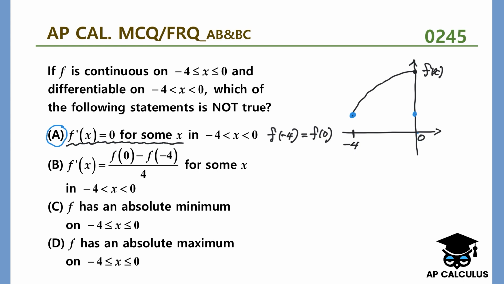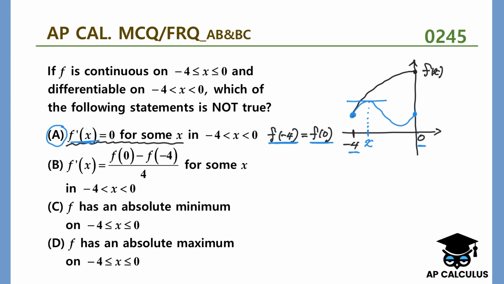Then, let's say we have this type of graph, increasing, decreasing, like that. Then we do have a tangent line that has a slope equal to 0, right? That x is going to be between negative 4 and 0, right? This is only true when the function values at the endpoints are equal to each other.